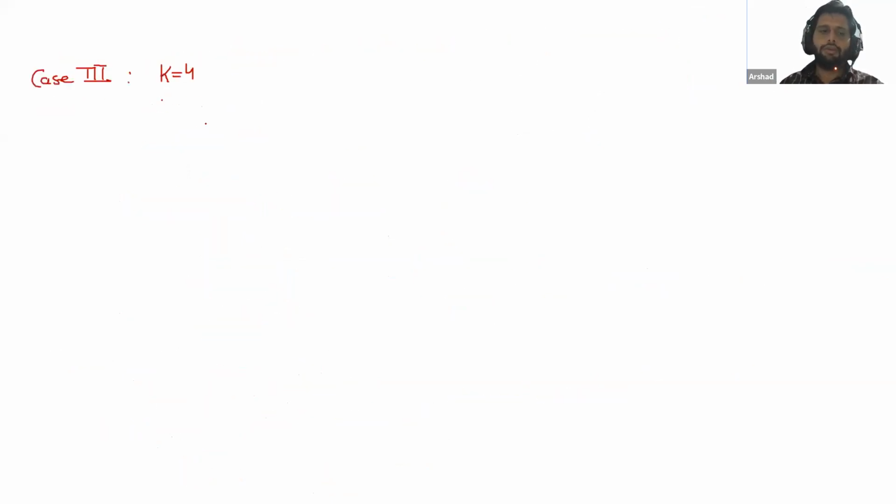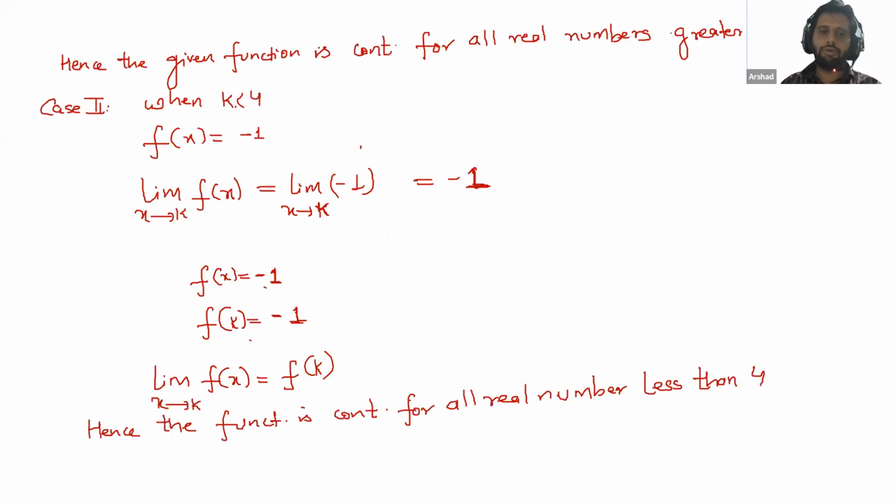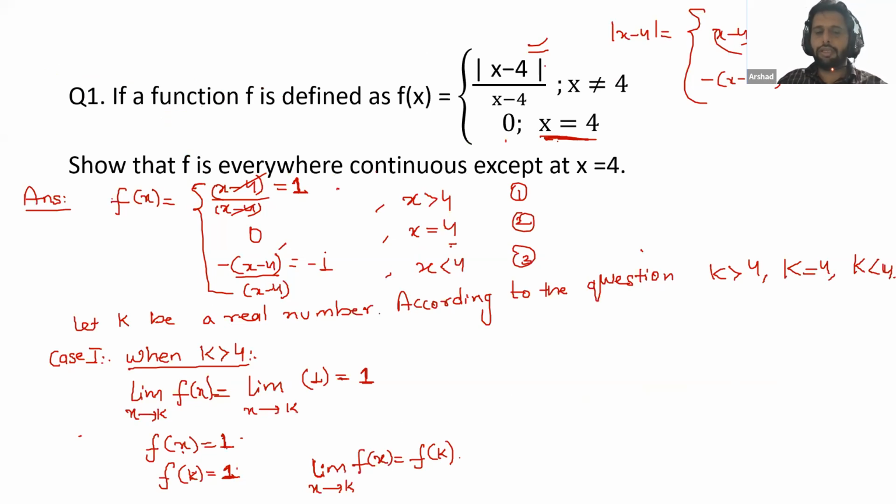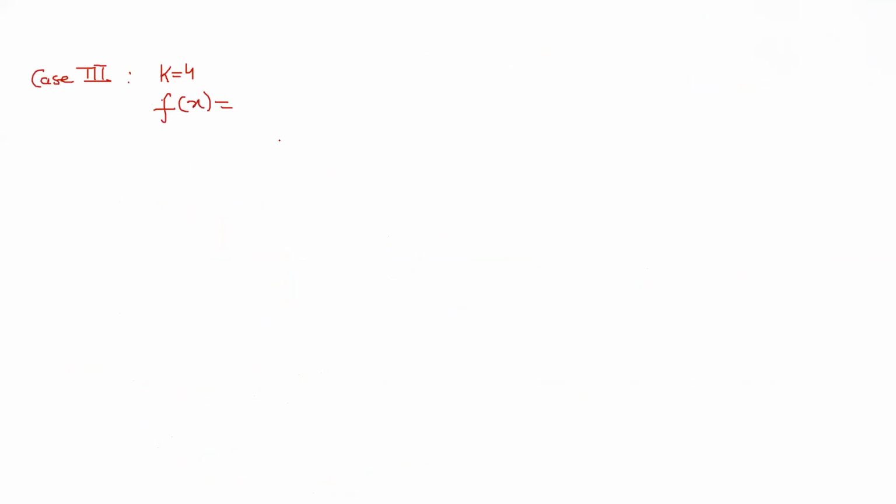Okay, so what we will do, k is equal to 4. Abdur, can you tell me what we will take f(x) for the third case? Very good, 0. So f(4) is 0. Now we need to find f(k). So f(k) is what, Fahad? 0.